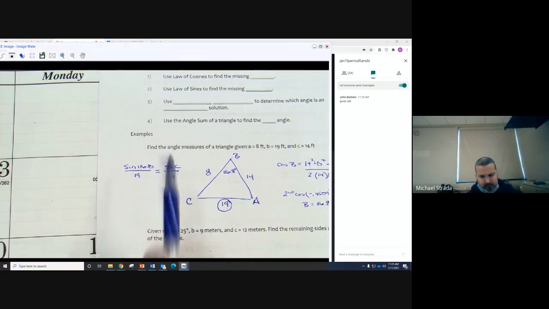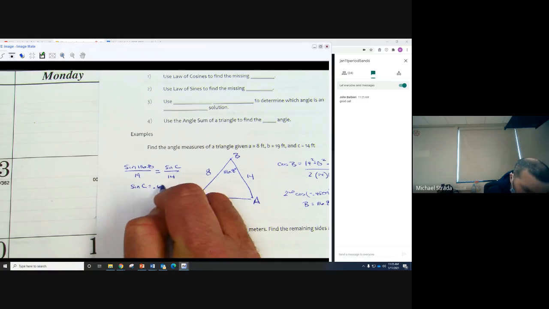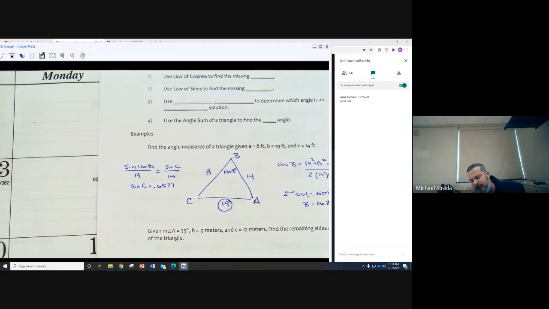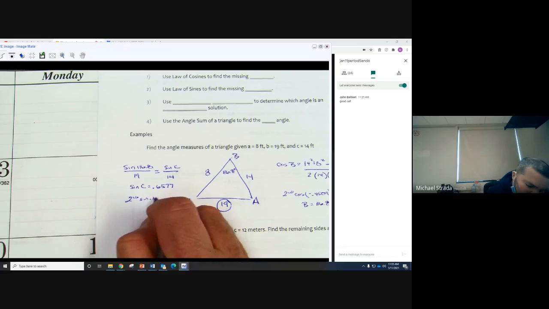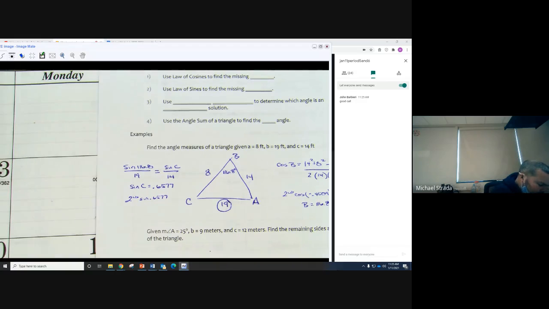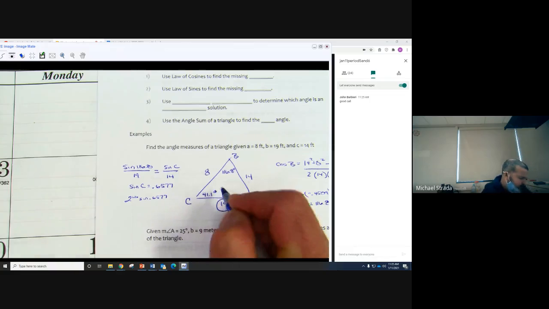I'm going to do 14 sine 116.8, and then divide that by 19. That gives me sine of C equals 0.6577. Second sine, 0.6577, and I get 41.1 degrees for C.